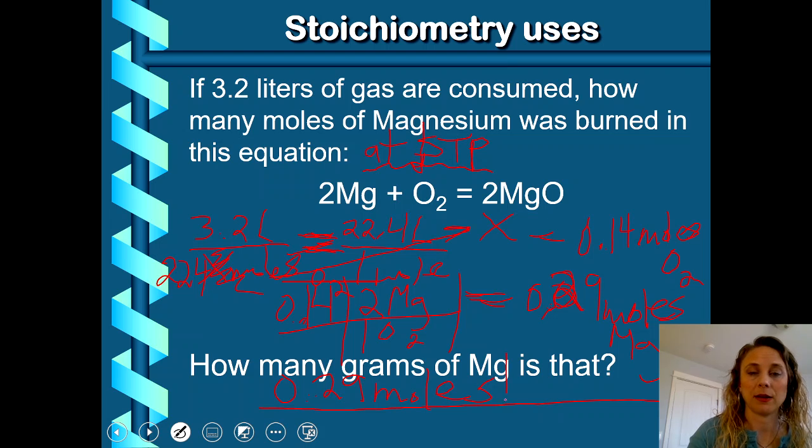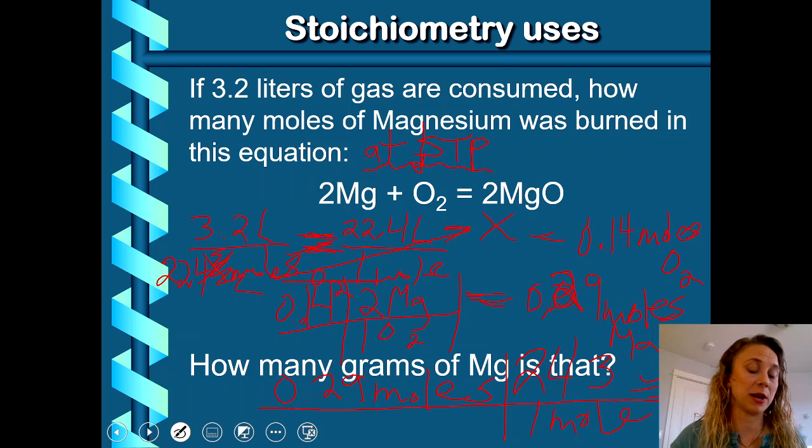Now, if you want, you can use equations too. Moles is grams over molar mass. But if you're doing unit analysis, 1 mole of magnesium is going to be 24.3 grams. So you get 0.29 times 24.3. I did that kind of 2 different ways, but oh well.